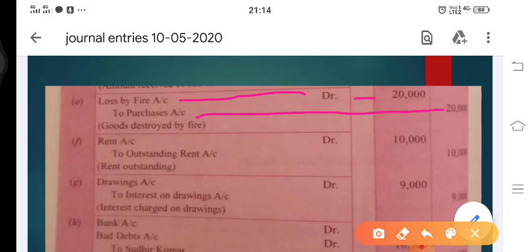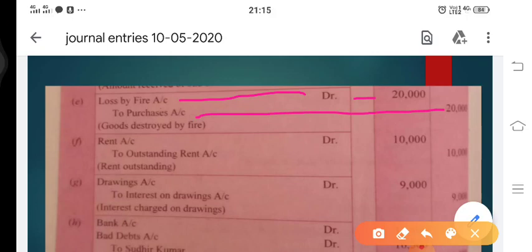So the journal entry here is loss by fire account debit to purchases account. Loss by fire is debited because it's a loss. The nominal account rule says debit all expenses and losses and credit all incomes and gains. So here loss by fire has to be debited, and since purchases have a debit balance, and it is to be reduced, we'll have to credit it.